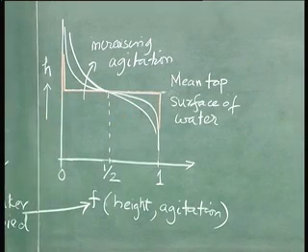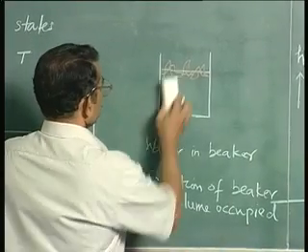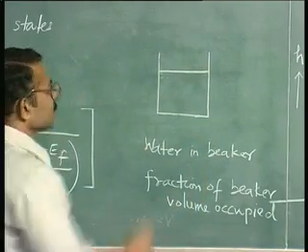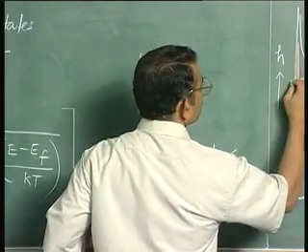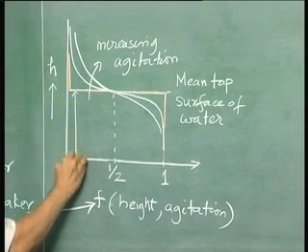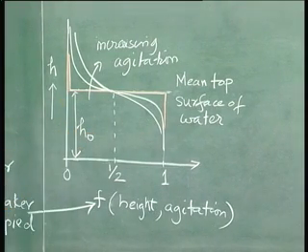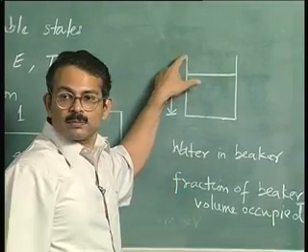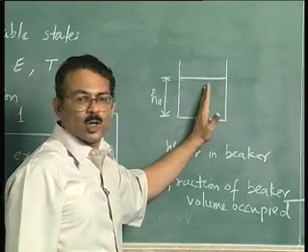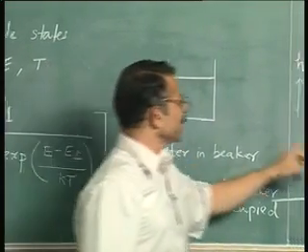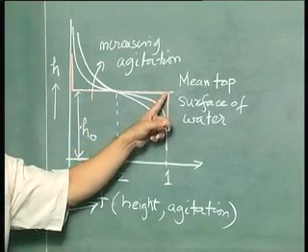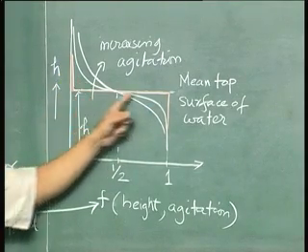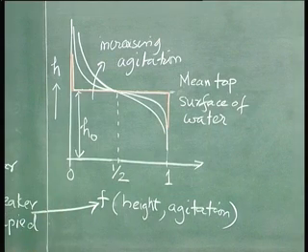So, when there is 0 agitation, your water surface is like this, and let us say this is height h naught. So, above this h naught you have no water, and below h naught the entire beaker volume is occupied with water. So, the fraction of beaker volume occupied is 1 below h naught, above h naught it is 0. Okay, so, this is no agitation, the red line is no agitation, that is the reference.